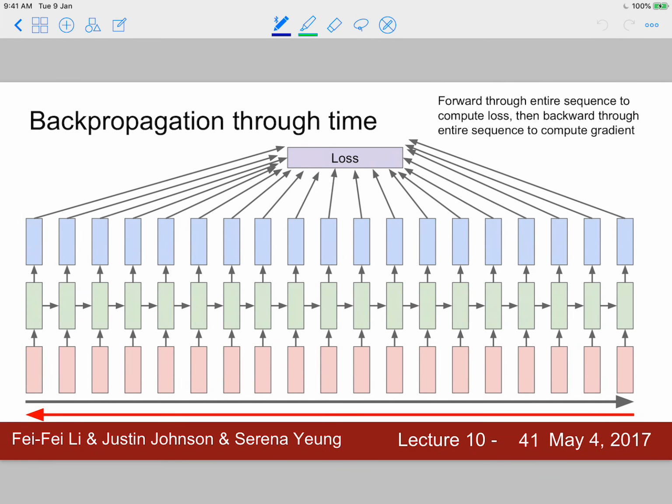so our loss is applied at every different time step, right? So if we produced maybe O instead of E in the case of the hello example, then this one will apply the ground truth label of E, right?